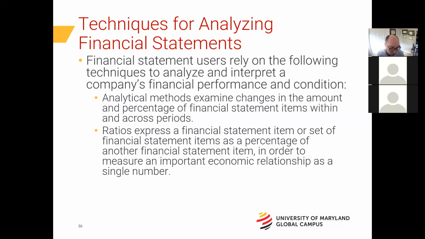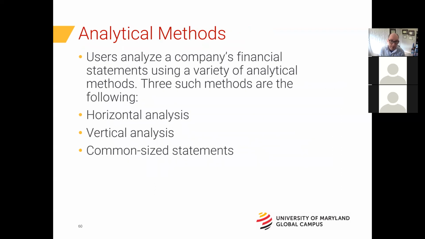Line item divided by base. We express everything as a percentage of total revenue on the income statement to understand the percentage of revenue and expenses based on the total revenue. And we can do the same thing on the balance sheet. Everything is expressed as a percentage of total assets. And on the statement of cash flows, everything is expressed as a percentage of net income. And so forth and so on. And we call that vertical analysis.